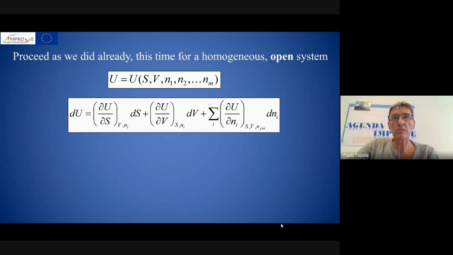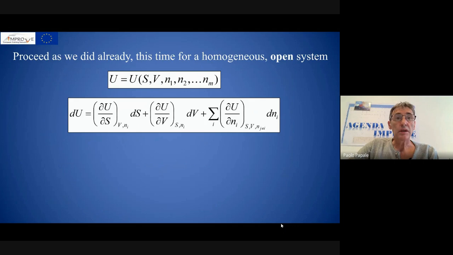This is the same as we have seen before, now with the addition of the summation term, which accounts for possible exchange of the components making up the phase. For example, silica, alumina, water, carbon dioxide, and so on.